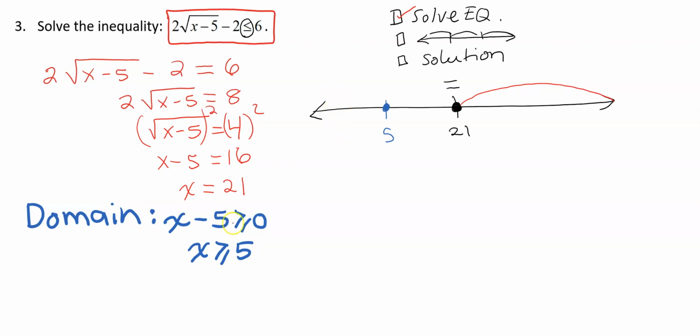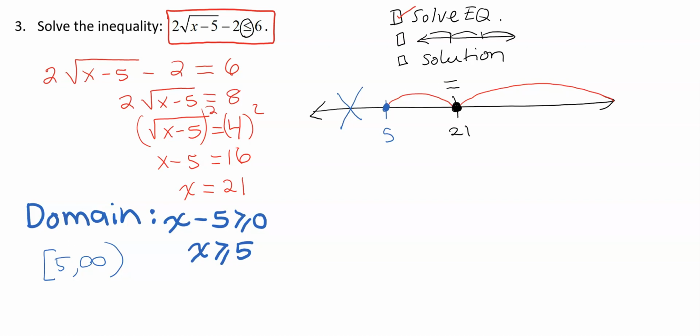But just looking at the domain, it is 5 to infinity. So there is nothing here. So really our interval would be considered from 5 to 21 or 21 on.